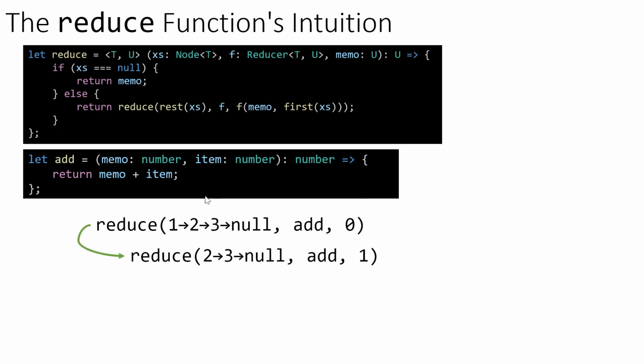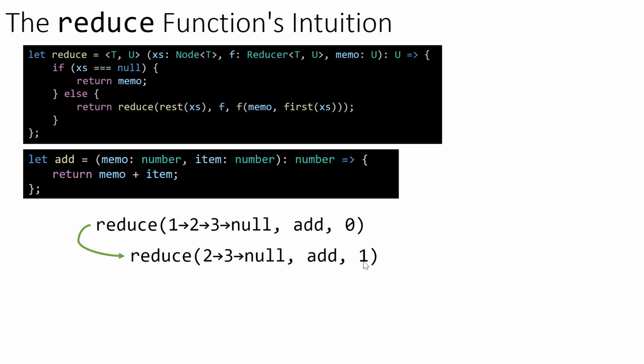So we could substitute this reduce call as being replaced by whatever is returned by its return value. And so we can think about, well, what is the result of reducing a list of 2, 3, null with the add function with a memo of 1, right? Because that was the memo that was computed from 0 and 1.